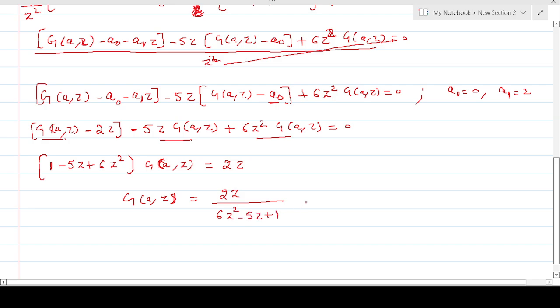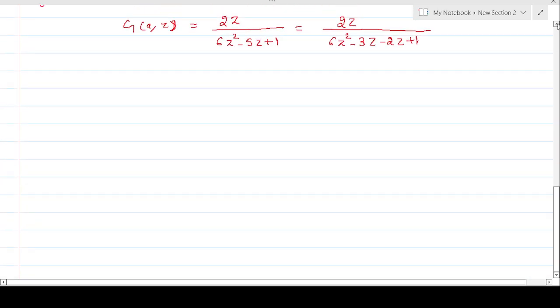Okay. So if you are asked only to find the generating function, then your question is finished here. But if you are asked to solve it further, then write it as 2z by 6z square minus 3z minus 2z plus 1. Now, what can be taken common from here?